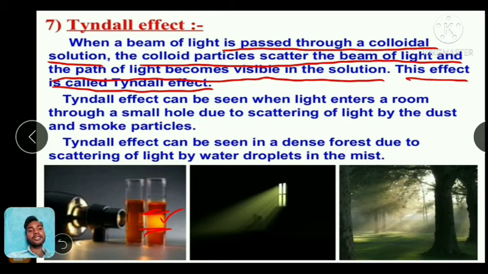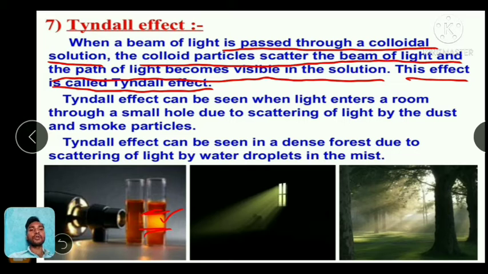This was discovered by a scientist whose name was Tyndall, so it is known as the Tyndall effect. The Tyndall effect can be seen when light enters a room through a small hole, due to scattering of light by dust and smoke particles. You can notice it when the sun rises and the rays of the sun come through a hole or window, and the particles become visible.